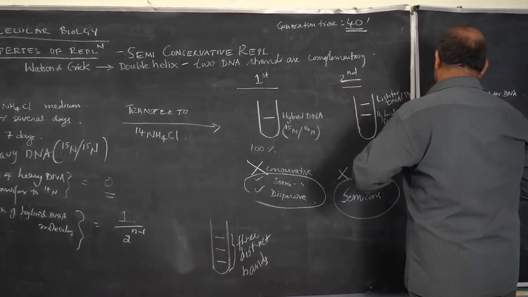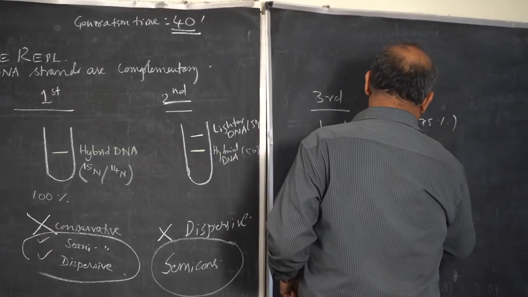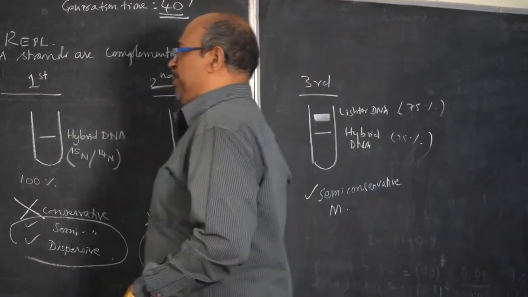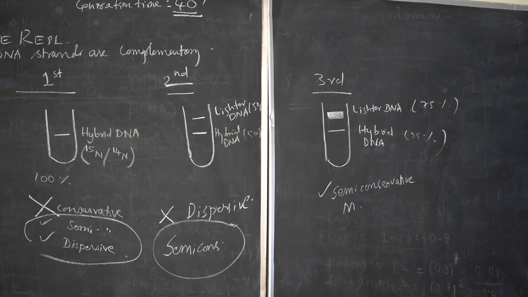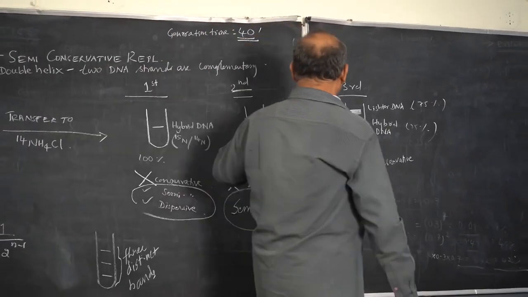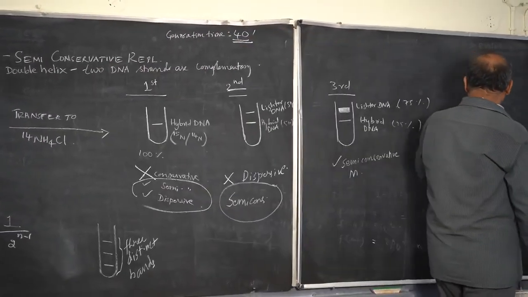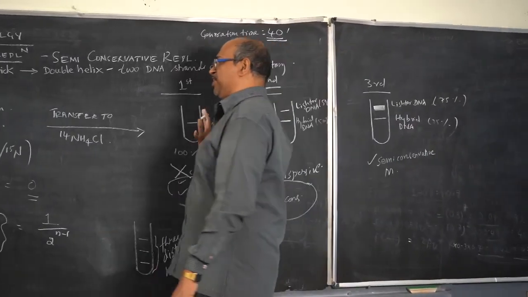If you go to the third generation, you get 75% lighter DNA and 25% hybrid DNA. So the proportion of hybrid DNA is gradually decreasing from 100% to 50% to 25% to 12.5% to 6.25% and goes on.